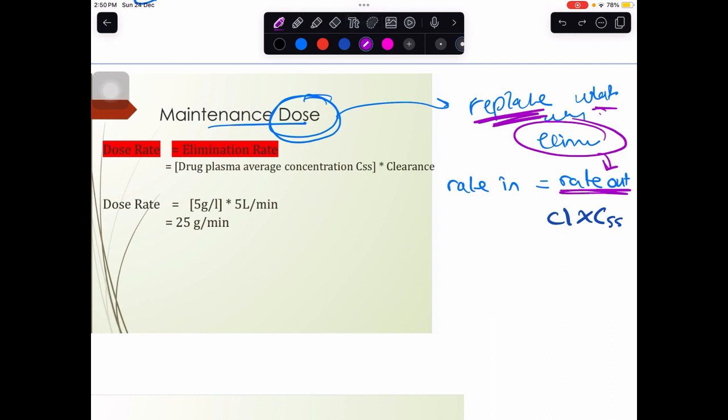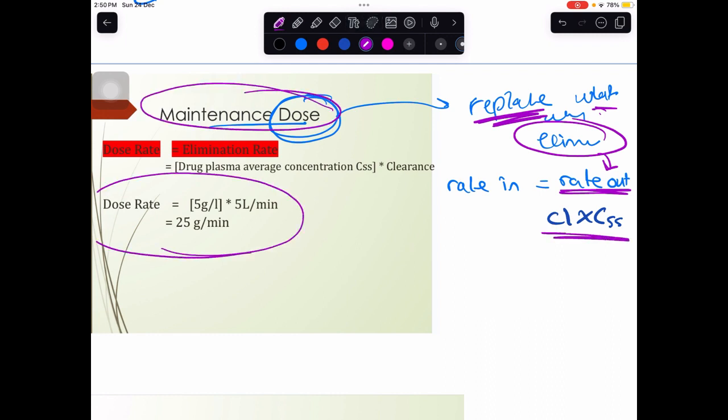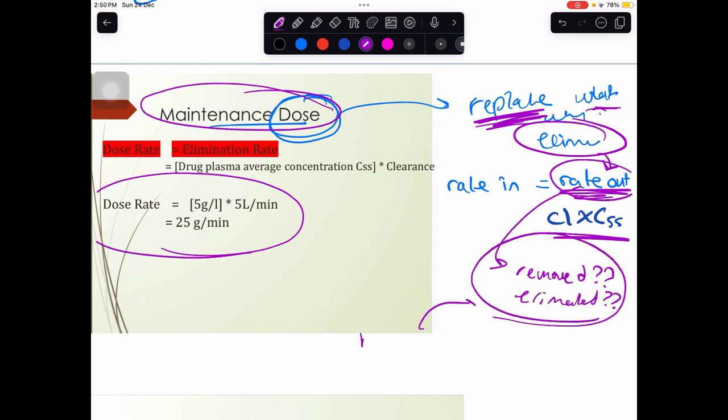Okay? And this we already discussed. So they're just telling you the maintenance dose is calculated in this way, because if it means how much dose is required to replace what was eliminated, I can look at the rate out to see how much was removed, how much was excreted or eliminated, so that I'll just replace it.